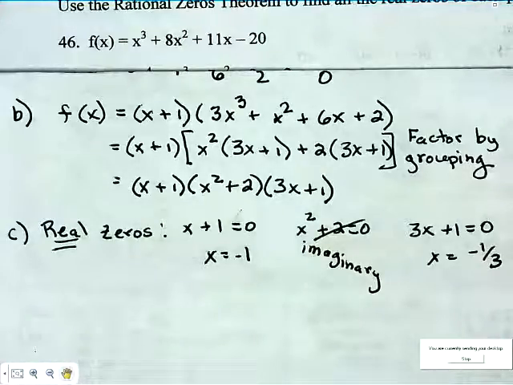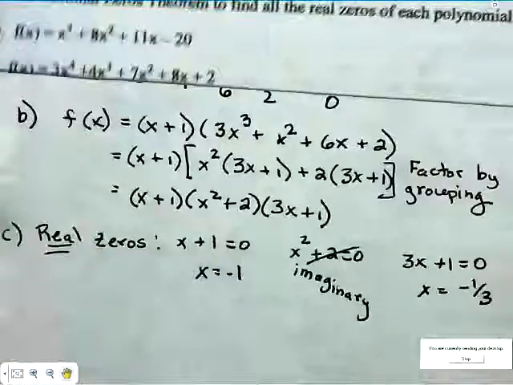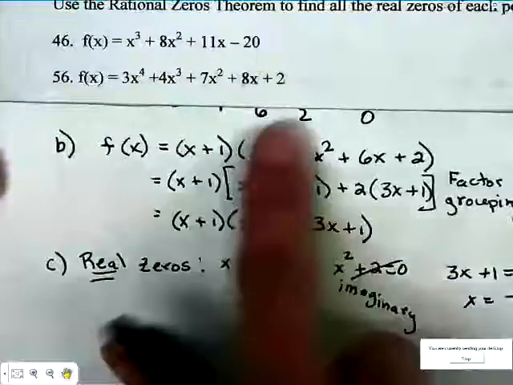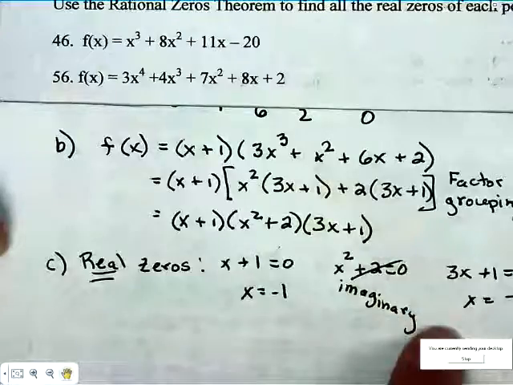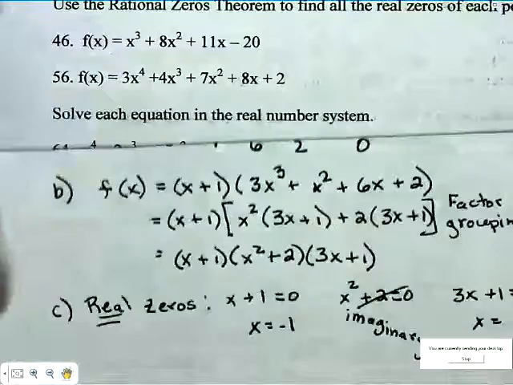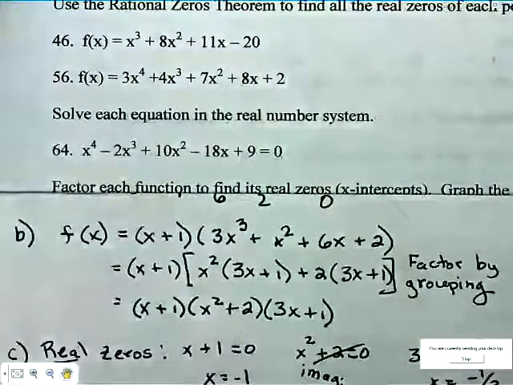All right. There's one problem on the test that has the A, B, and C part that I've shown you on 46 and 56, although in my math lab with these directions, you would only write down or type in the real zeros. You don't have to type in anything before that. 64 says solve each equation in the real number system.